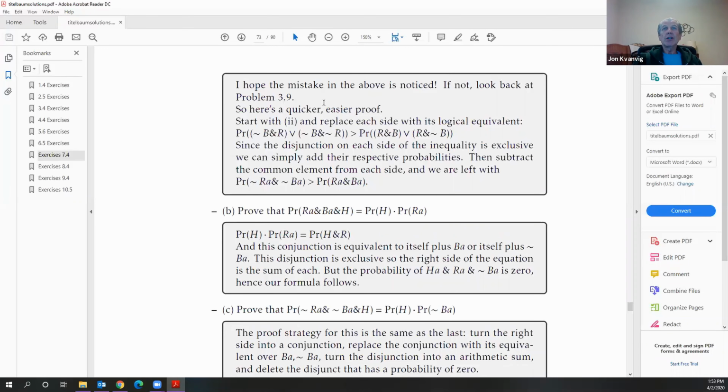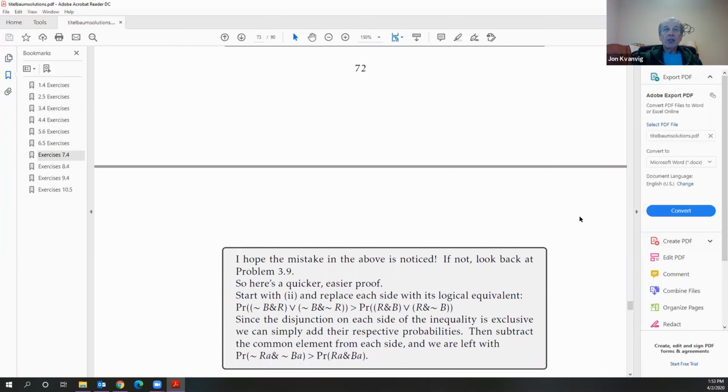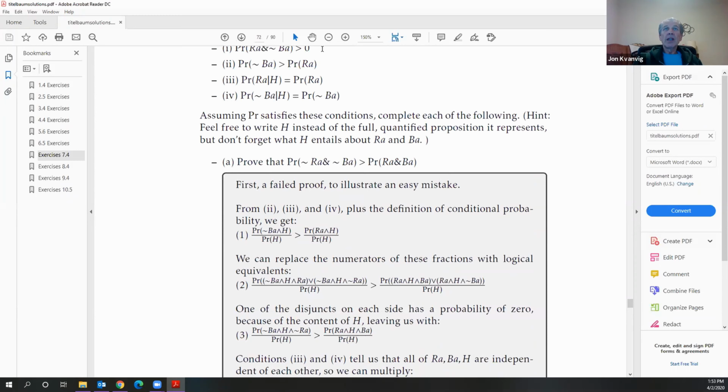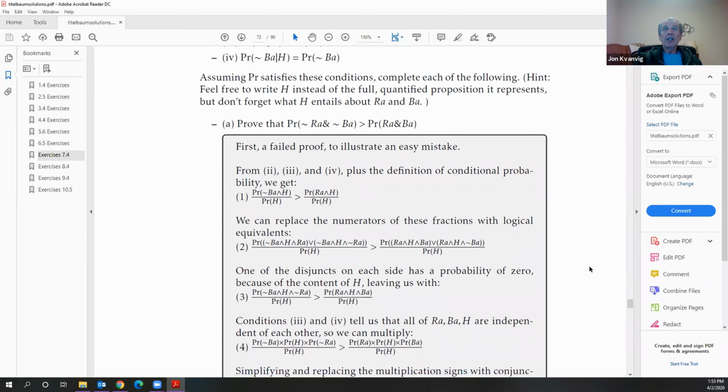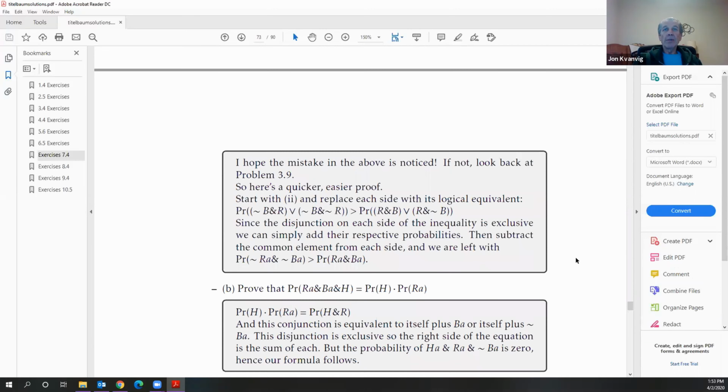So here's a quicker and actually easier proof than the above. Start with 2. 2 is the probability of not B is greater than the probability of RA.